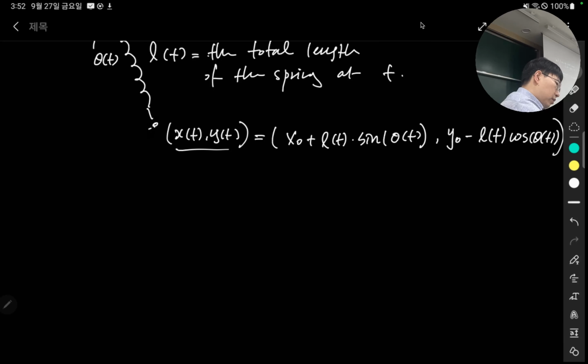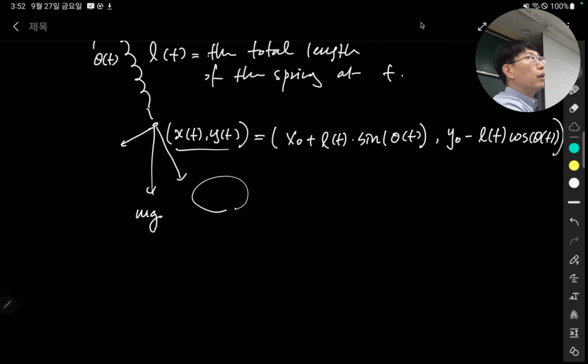What you need to do is separate these two pieces of forces, right? So this one we have mg, and this part mg cosine theta, and this part mg sine theta.